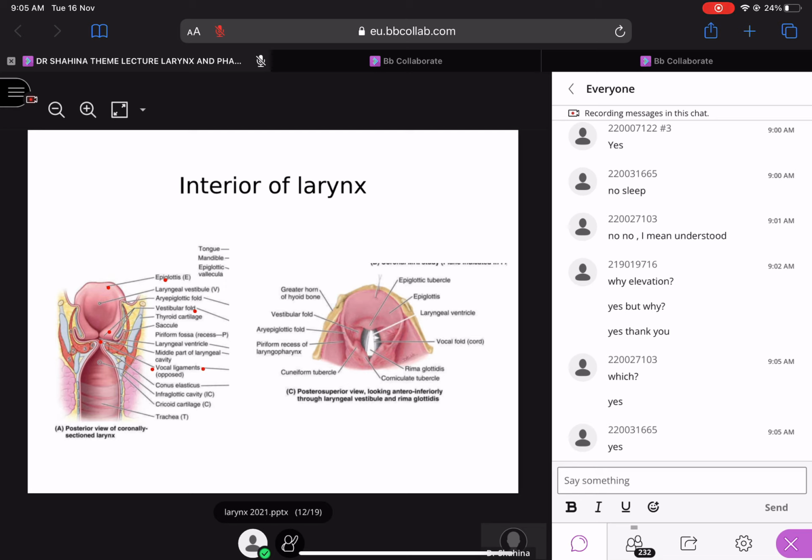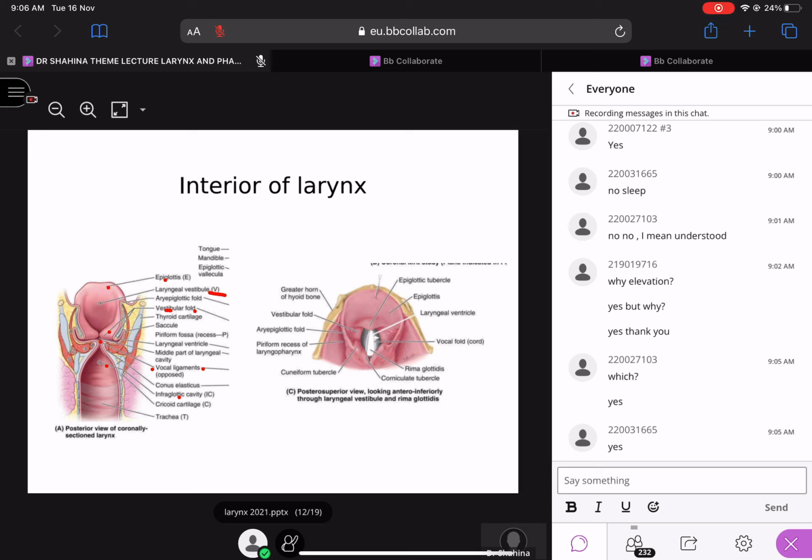Now the region between the epiglottis and the vestibular fold is called the laryngeal vestibule or supraglottic area.